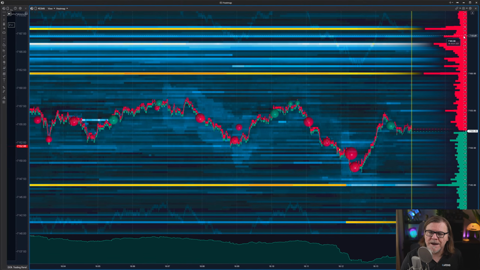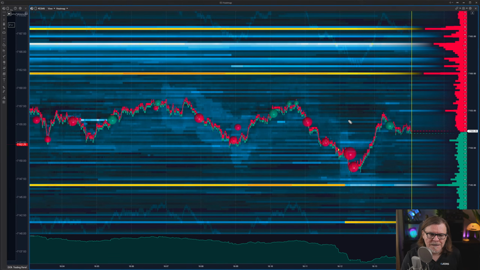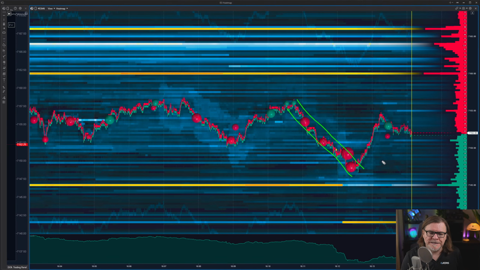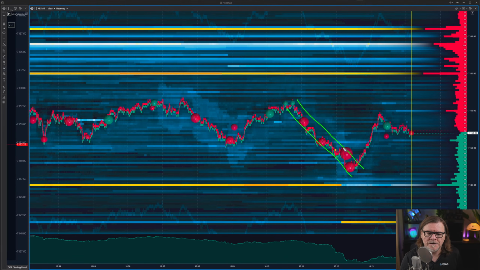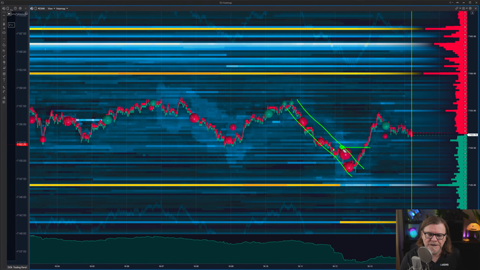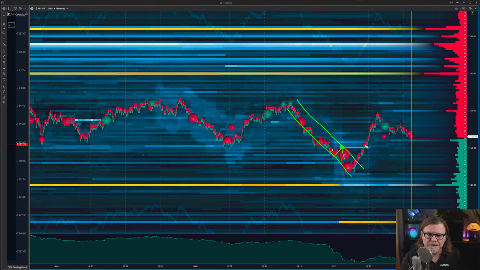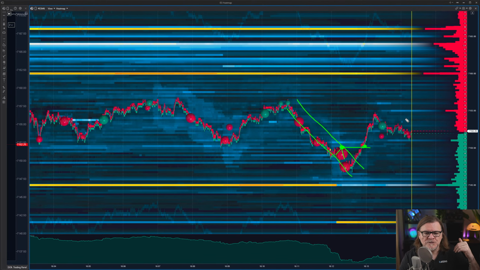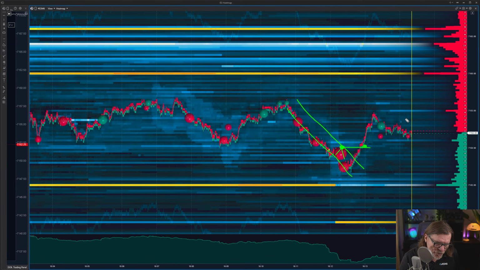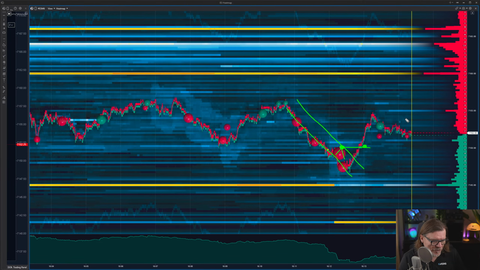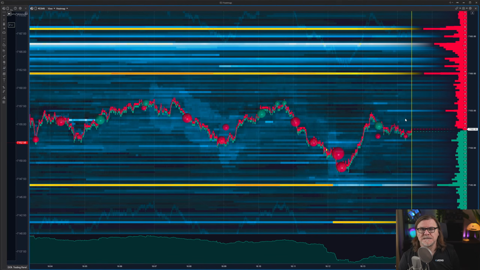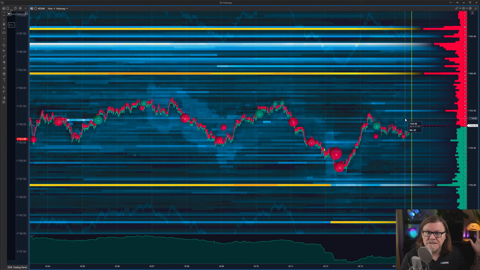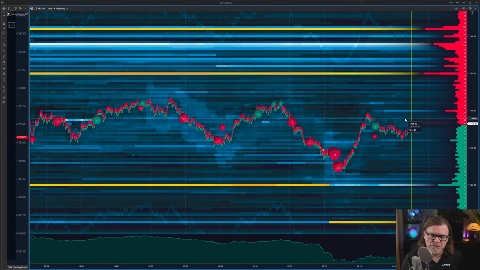I will be using my external drawing tool. For instance, I can draw this channel, and as soon as it breaks through the channel and, let's say, breaks through the previous swing high, then I can open a position here and so on. I need to use external drawing tools, but it's just a matter of, I would say, days rather than weeks or even months until you will be able to use the drawings.